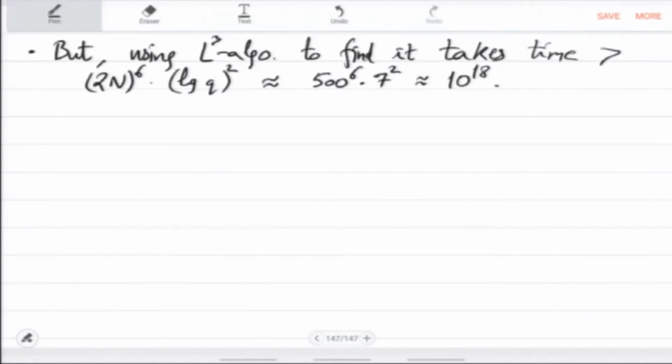Even if the LLL algorithm finds f, g, it's a very impractical way for the adversary. So the scheme is secure, NTRU is secure.